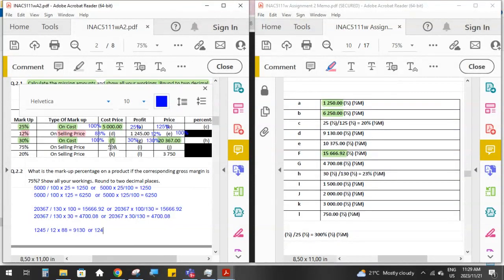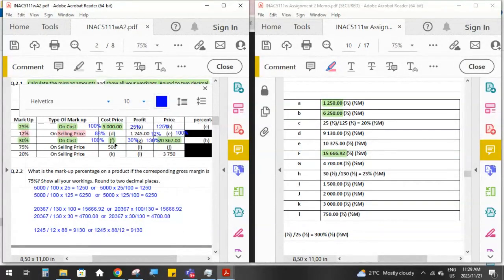Or we can say 1245 rand multiplied by, and at the top must be what I want, which is 88, and at the bottom of the fraction must be what I've got, which is 12. So 88 over 12 equals 9130. And you can always check, because the cost is not always more than the profit. Sometimes the profit that we add on is more than the cost.